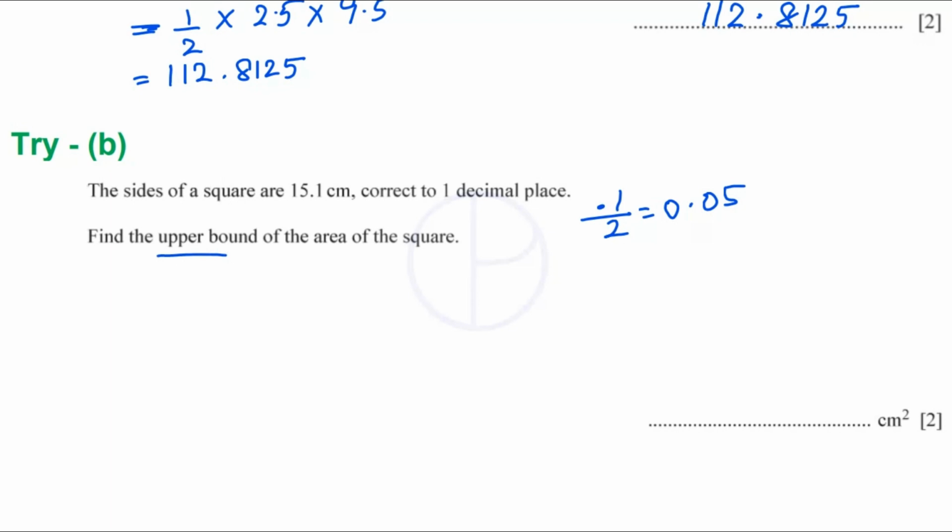Area of the square is side times side. So it is multiplication here. If you multiply two upper bound numbers, the result will be an upper bound. So you need to take two upper bound values of the side of the square.